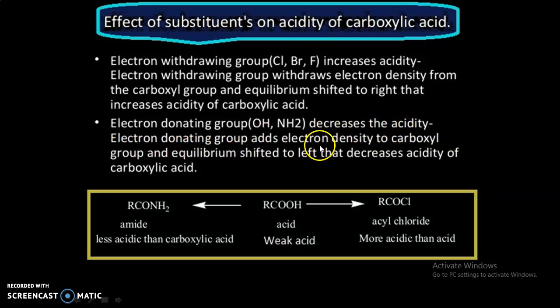An electron donating group adds electron density to the carboxyl group and the equilibrium shifts to the left. That decreases the acidity of the carboxylic acid. That is, the loss of proton becomes more difficult, so as the size of the alkyl group increases, acidity decreases.